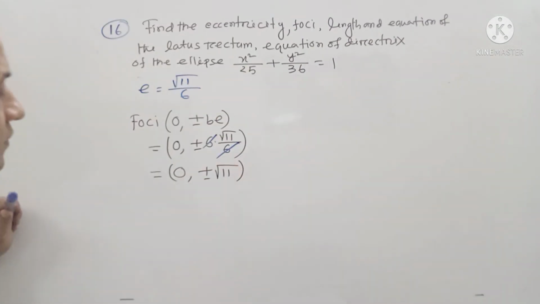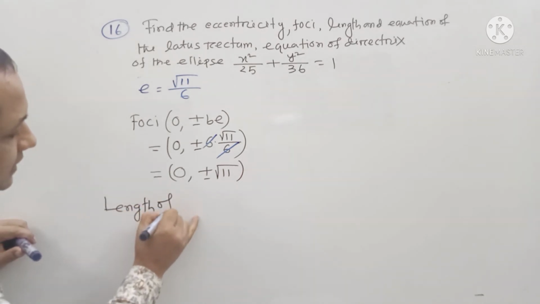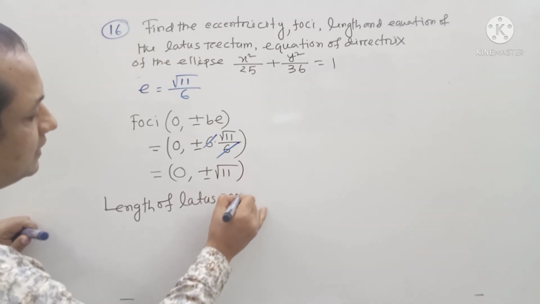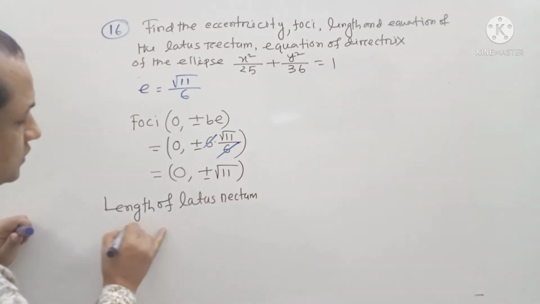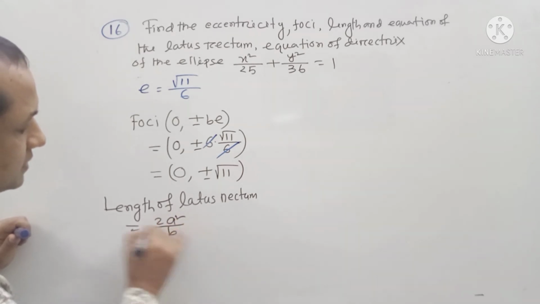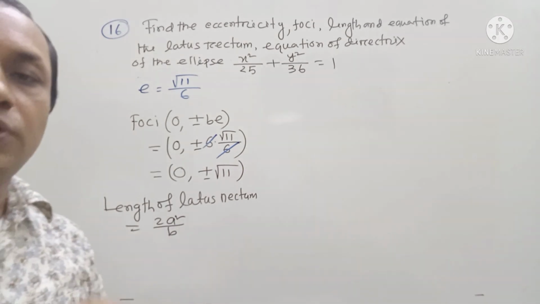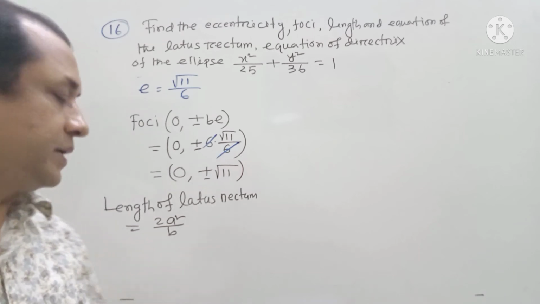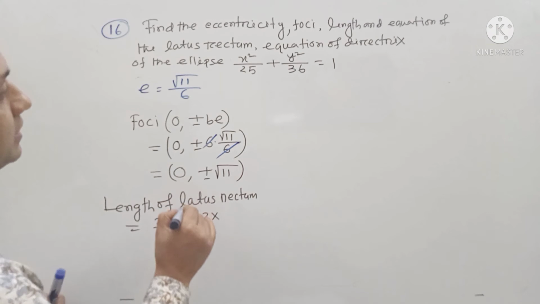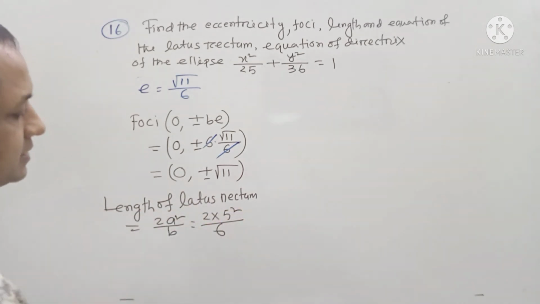Then find the length of latus rectum. We know that the length of latus rectum equals 2a square by b, because b is greater than a. Now putting the value of a is 5 square, b is 6.